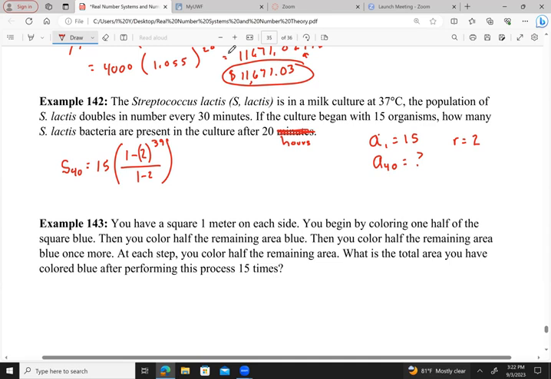So 2 to the 40th power is going to be quite a bit. 2 to the 40th equals 1.099511627776 times 10 to the 12th.